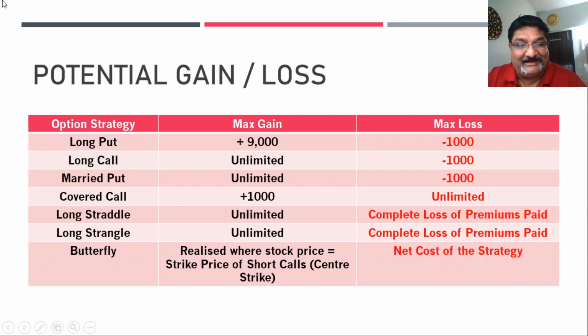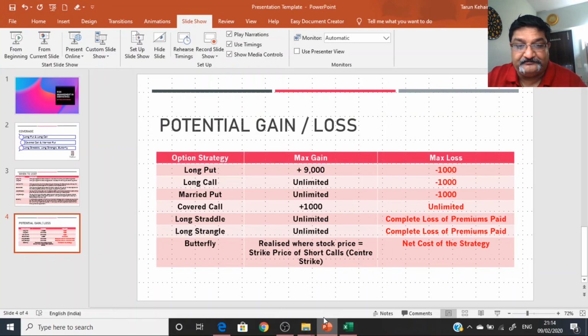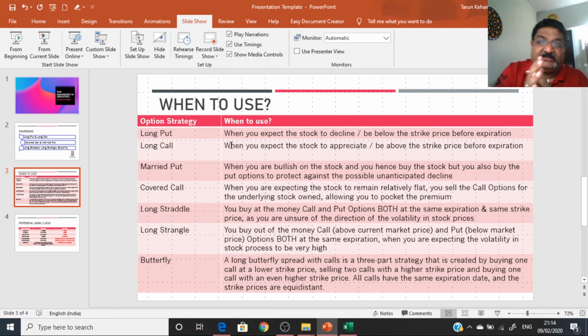Now let's look at the married put option. Let's first take the definition of the married put. What is a married put? When does the investor or the trader use the married put option? When you are bullish about the market, you buy the stock because you're expecting the stock prices to rise.